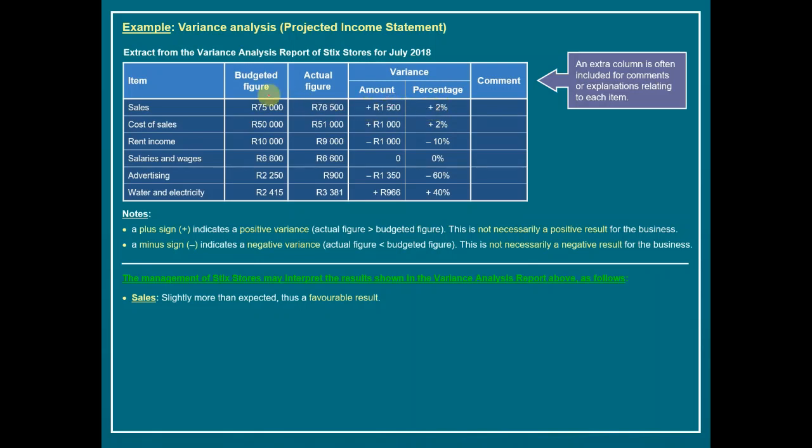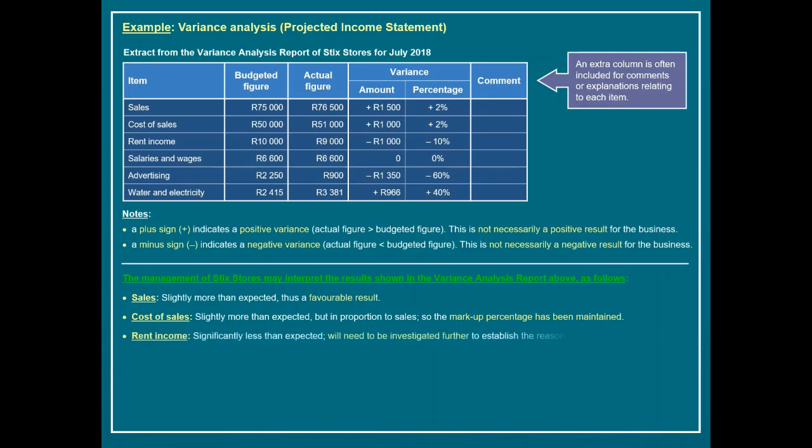If we take the 1,500 divided by 75,000 multiply by 100, we should get approximately 2%. Cost of sales, similar thing, slightly more than expected, but in proportion to sales, that's why the variance is basically the same, both are 2%. So the markup percentage has been maintained.